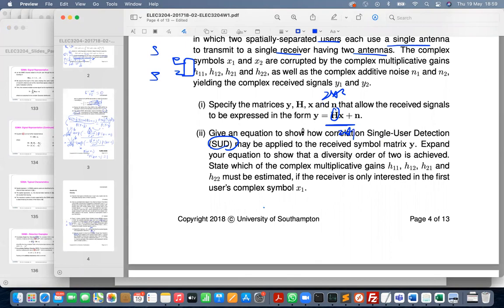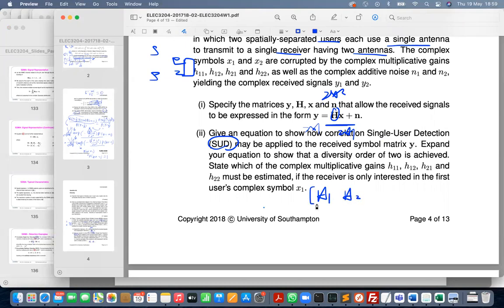Y would be 2 by 1. So when you do decorrelation, when you do single user detection, what you do is, once again, you can represent H as H1 for the first column, H2 for the second column.